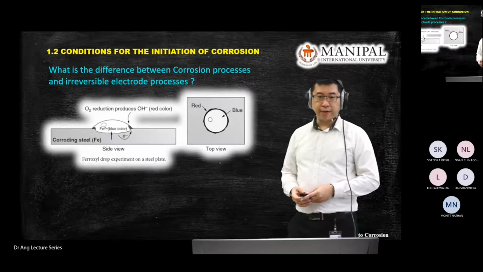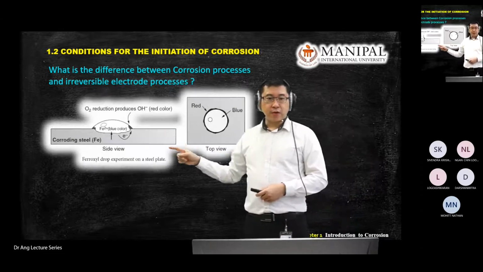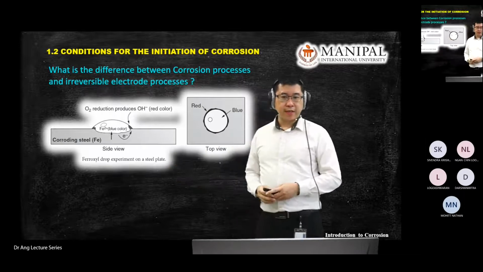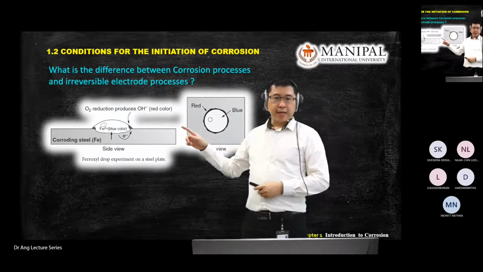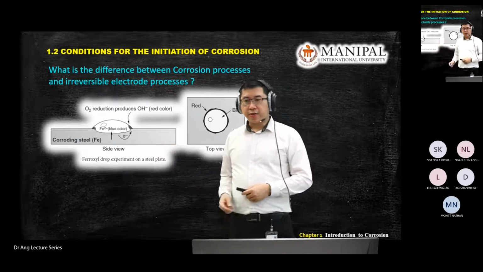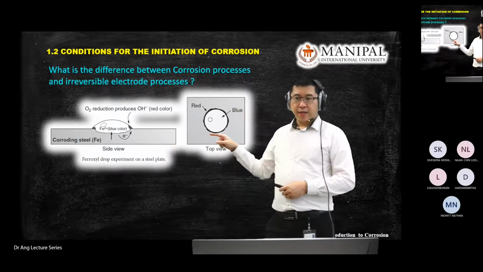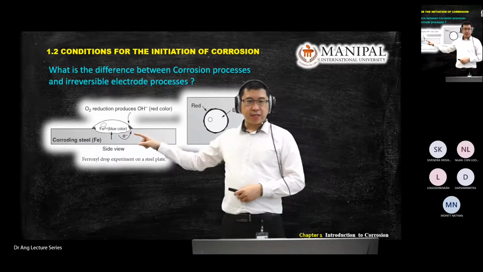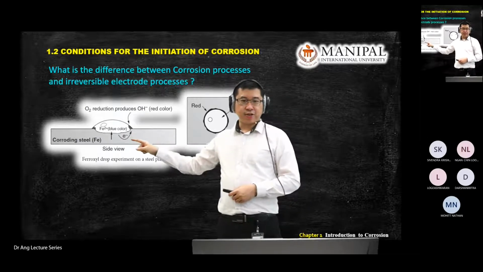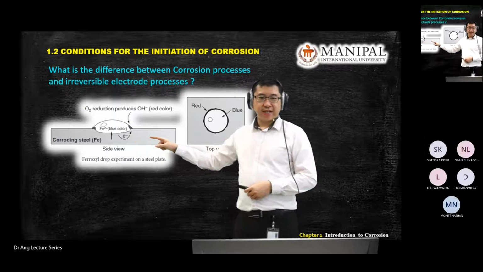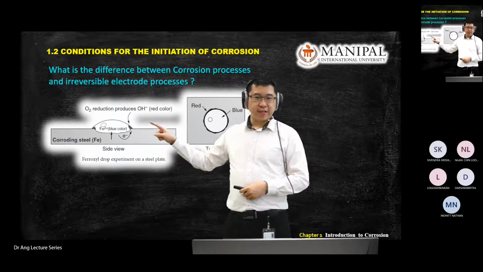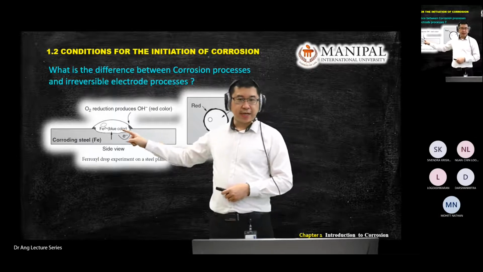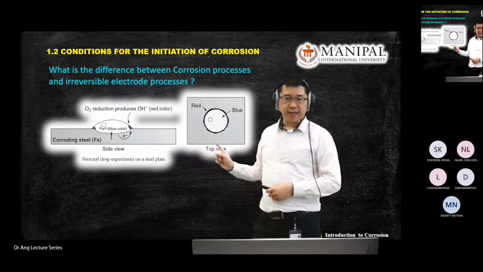Let me show you a diagram. This is the corrosion process. And what do you see on the screen here? You see a material. You see there's an electron, right? Electric charge. You see some product there, and then you see some color.